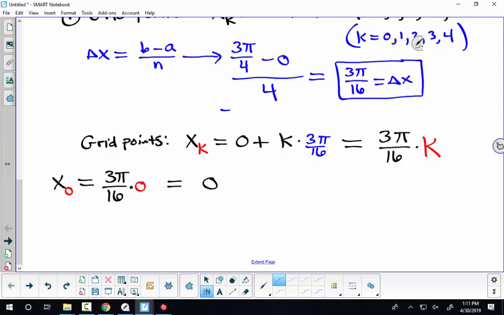So our first grid point is 0. That means the left-hand side of the first rectangle starts at 0. Then k equals 1. So x sub 1 is 3 pi over 16 times 1, or 3 pi over 16.